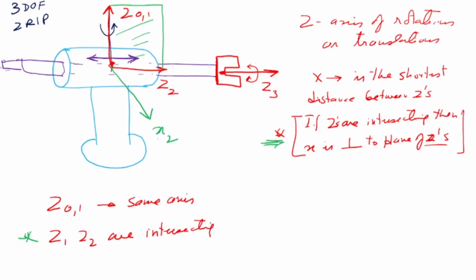And because x2 is this side, I put x0 and x1 also here. Now I put x3 this side. So we have got x0, x1, x2 and x3. But here we have to be a little careful because Z2 and Z1 are intersecting.